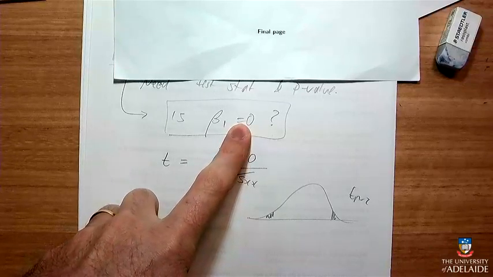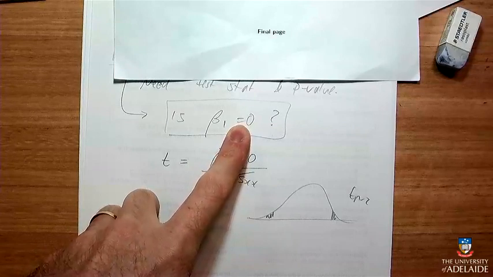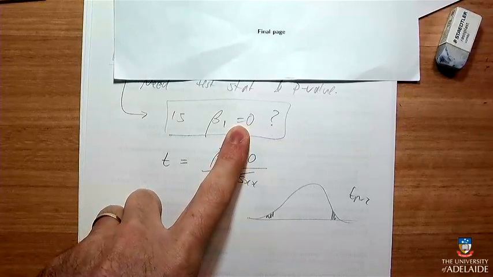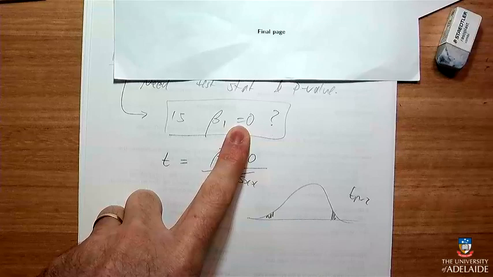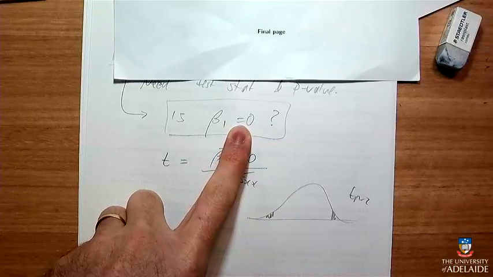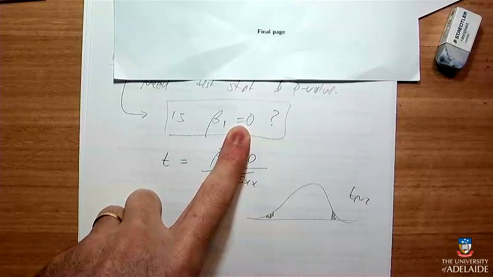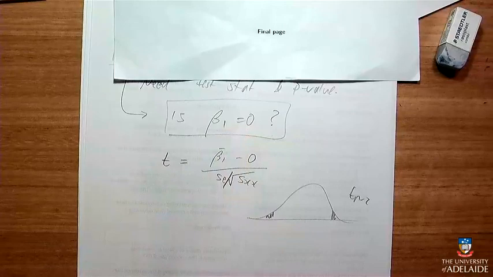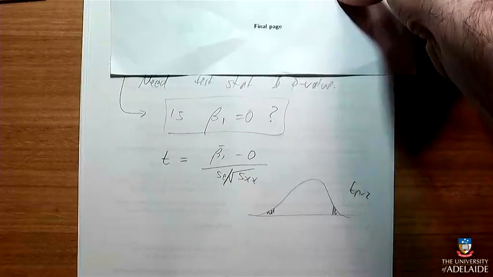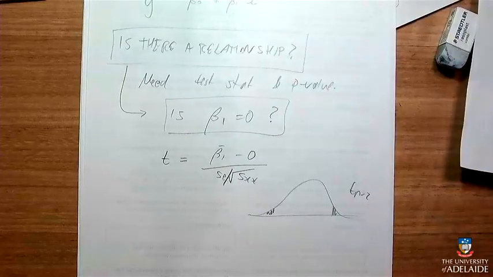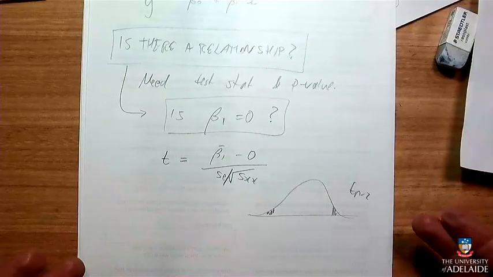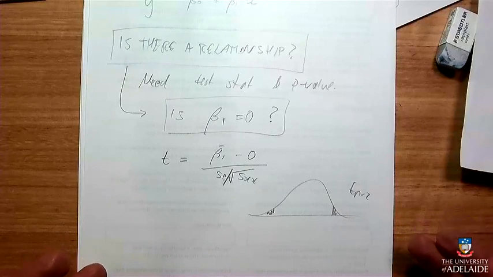It's not really, but close enough. Okay, we can say that in our heads, we're just not allowed to say it aloud. So how strongly do we believe that beta 1 is equal to 0? That's the p-value, and if the p-value gets too small, then I don't believe it after all. I don't have any examples to run off with that, I'm sorry, but that's the philosophy of how that works.